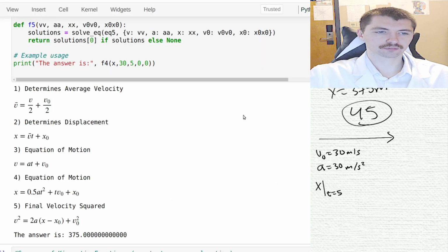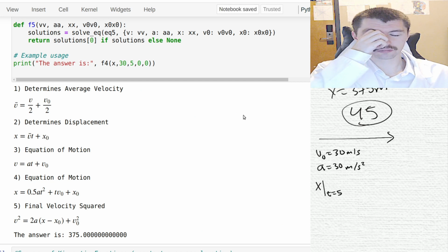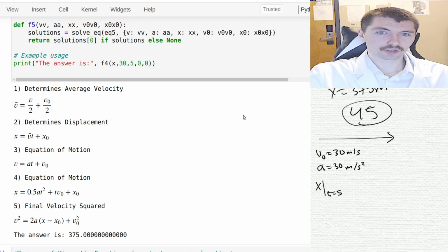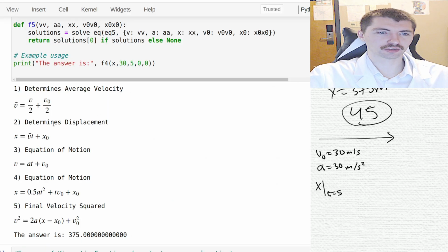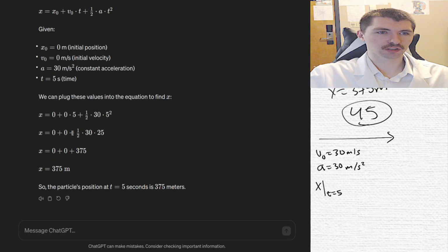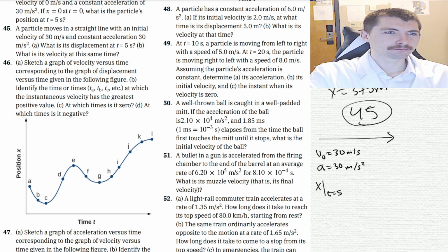Okay. So we want to find displacement. So we need to know x naught. I think we can just say x naught is 0.